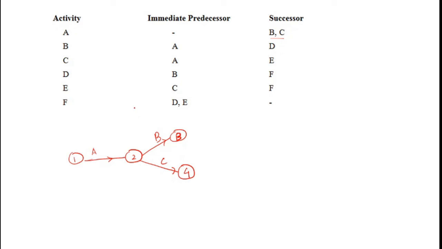And it is given that for activity B, the immediate predecessor is A, which we have already done, and the successor is D.